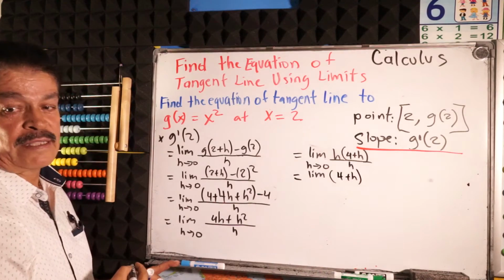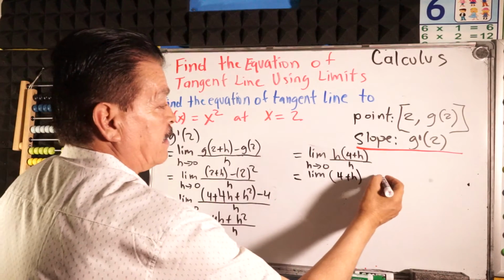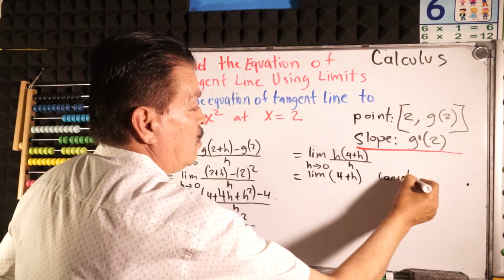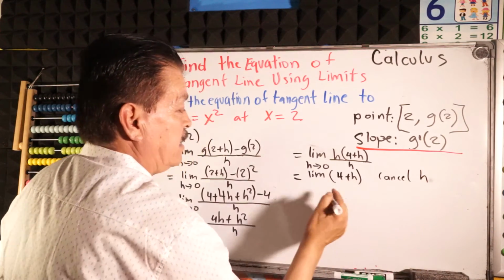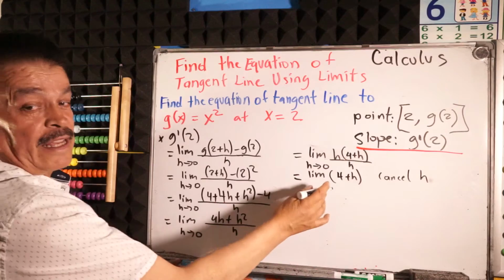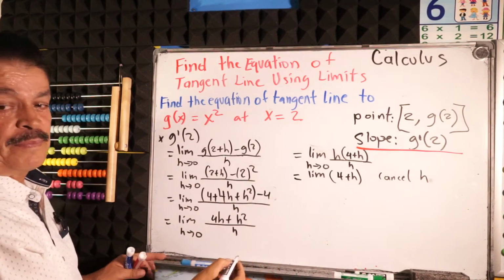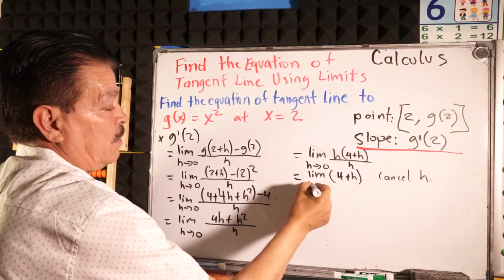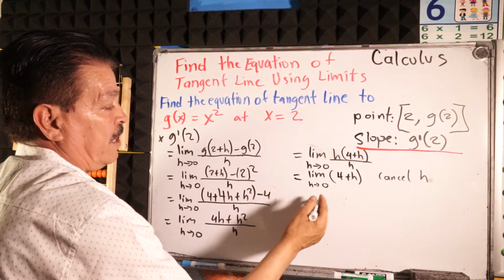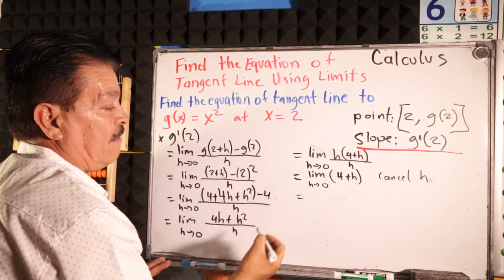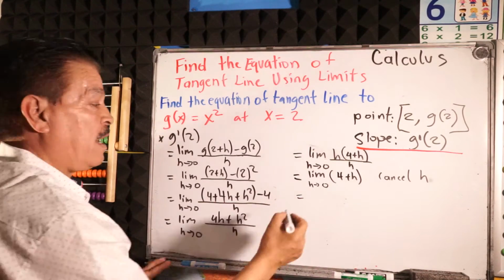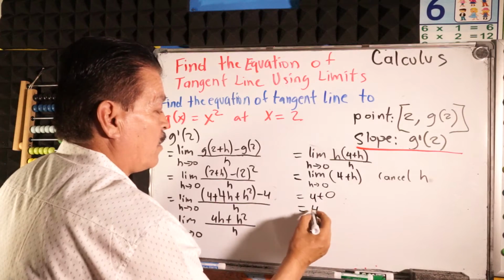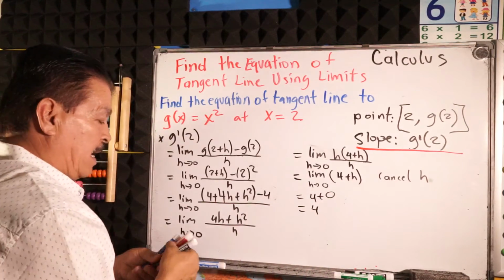We cancel h, remember, when h approaches 0. If you cancel h, you will have 4 plus 0, so it equals 4. 4 is the answer.